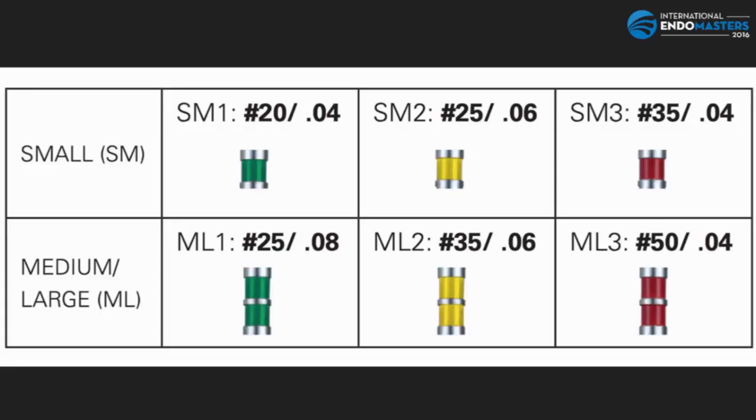In the medium large sequence that is identified by 2 rings of color, green, yellow, or red, the ML1 is a 25.08, the ML2 is a 35.06, and the ML3 is a 50.04.